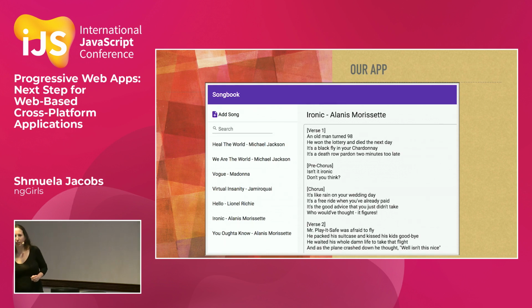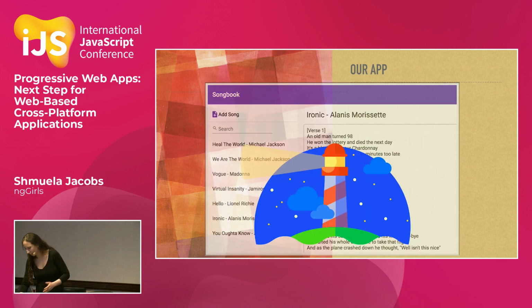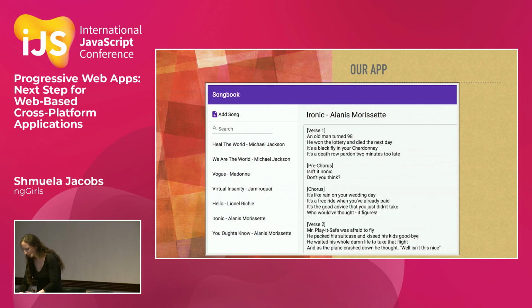I'm using here, wait a minute, I'm using a third-party API that gives the lyrics for the song that I request. I give it the name of the performer and the name of the song, and it searches for the lyrics.